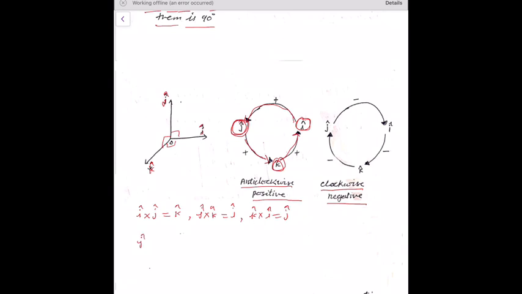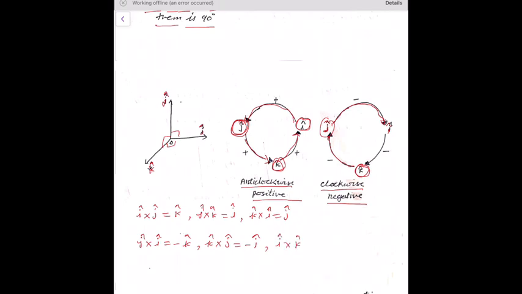It means j cap cross i cap, clockwise direction, is equal to minus k cap, and k cap cross j cap is equal to minus i cap.